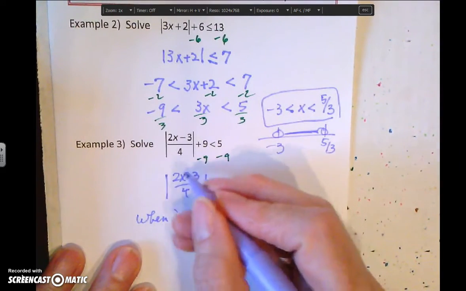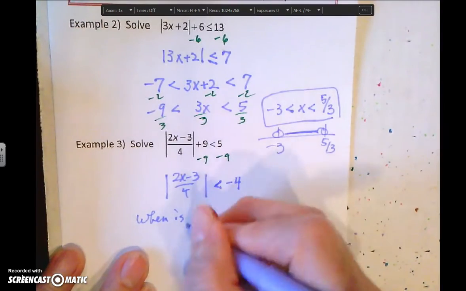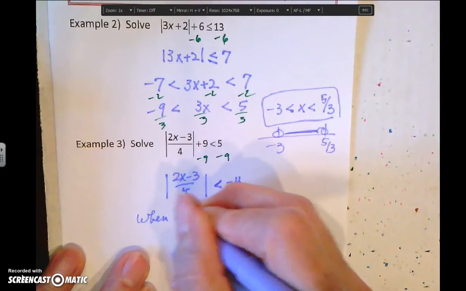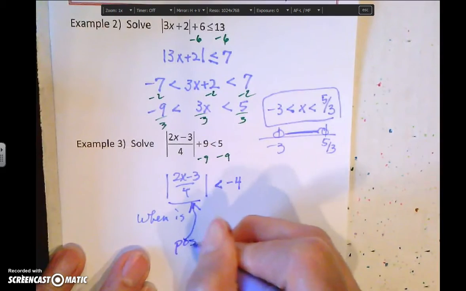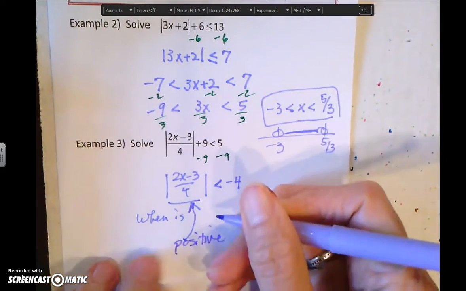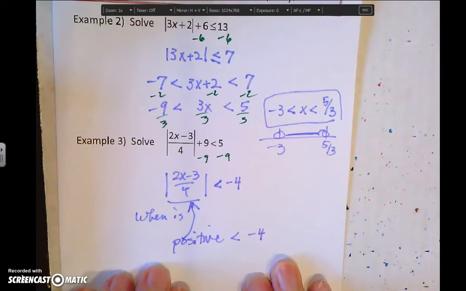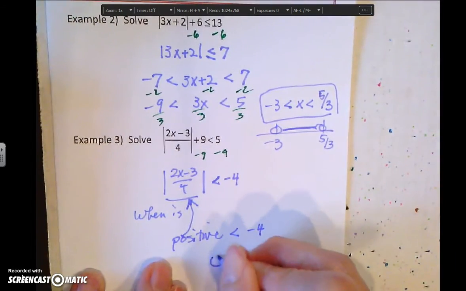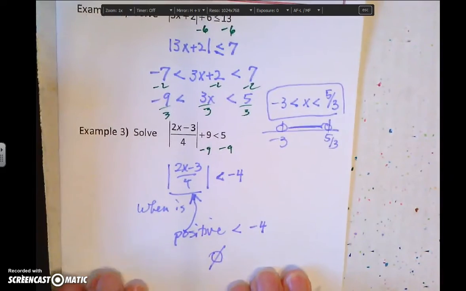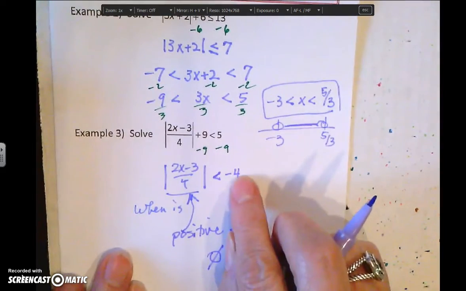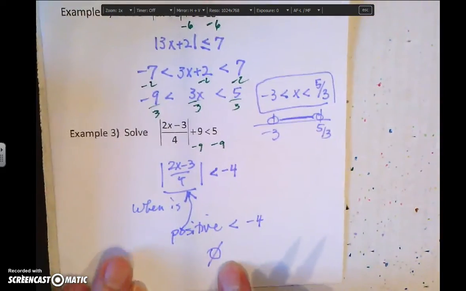Well, remember, absolute values are always positive. So when is a positive number less than a negative number? Well, that never happens. So the solution to that is going to be no solution. So when your a over here is negative, it's going to be a special case.